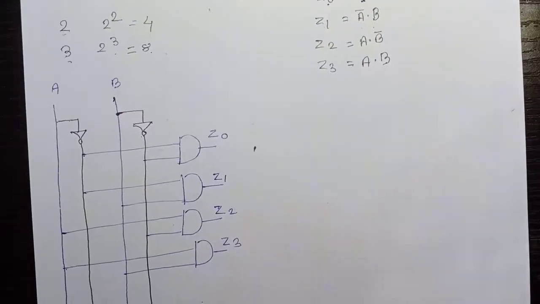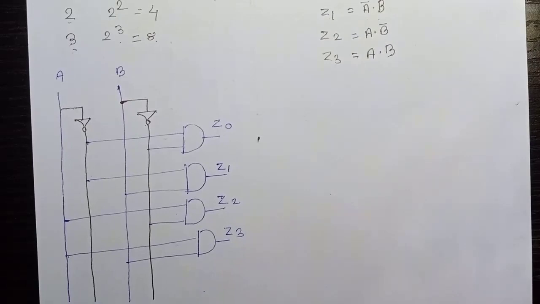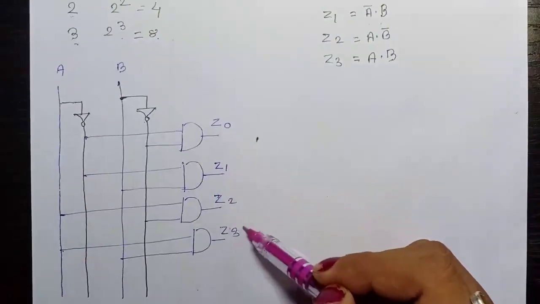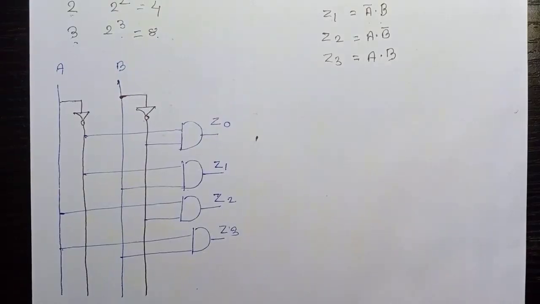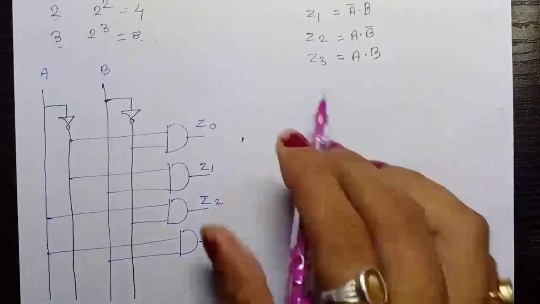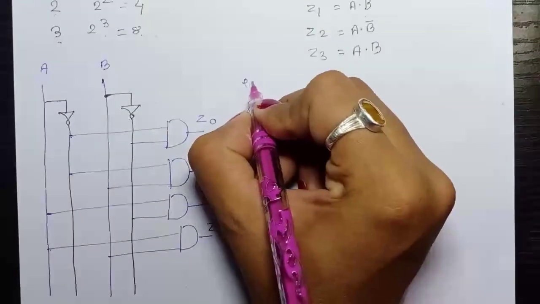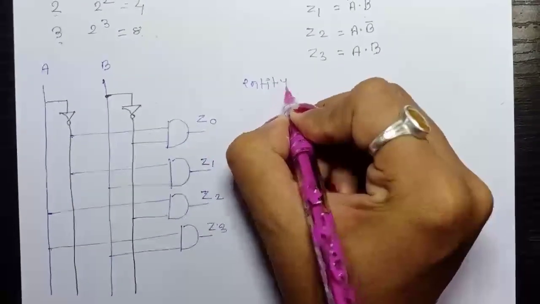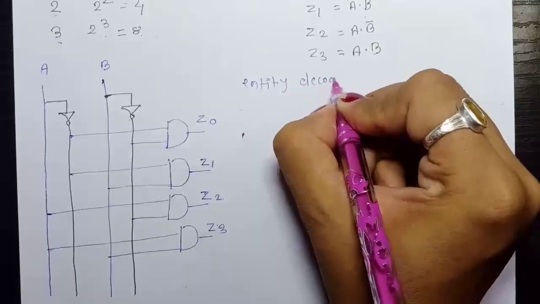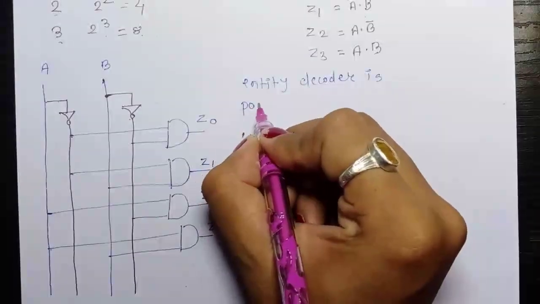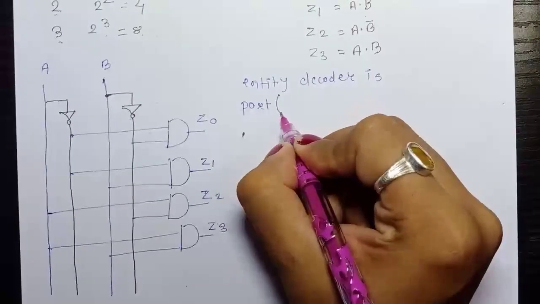So this is the logic circuit for your decoder, that is 2:4 decoder. It means that 2 inputs and 4 outputs. Now let's see VHDL code for this decoder by using data flow model. Again, the first step is to declare entity. So entity, name of my entity is decoder. We have to specify ports.